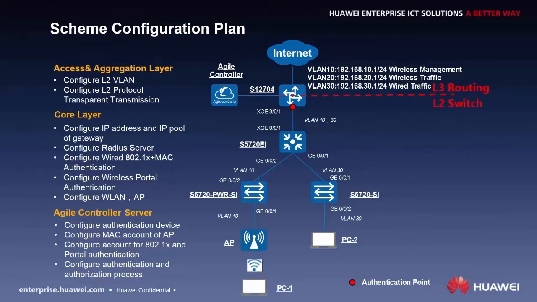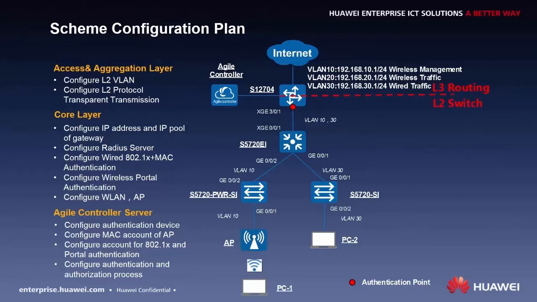First, configure the access and aggregation devices, including two S5720SIs and one S5720EI. We need to configure VLANs and transparent transmission of Layer 2 packets on these switches so that packets can reach the S12704 for authentication.